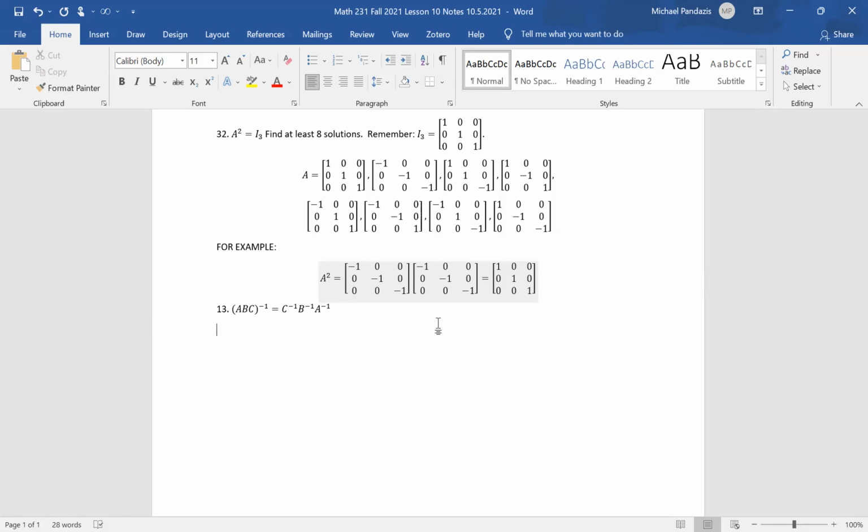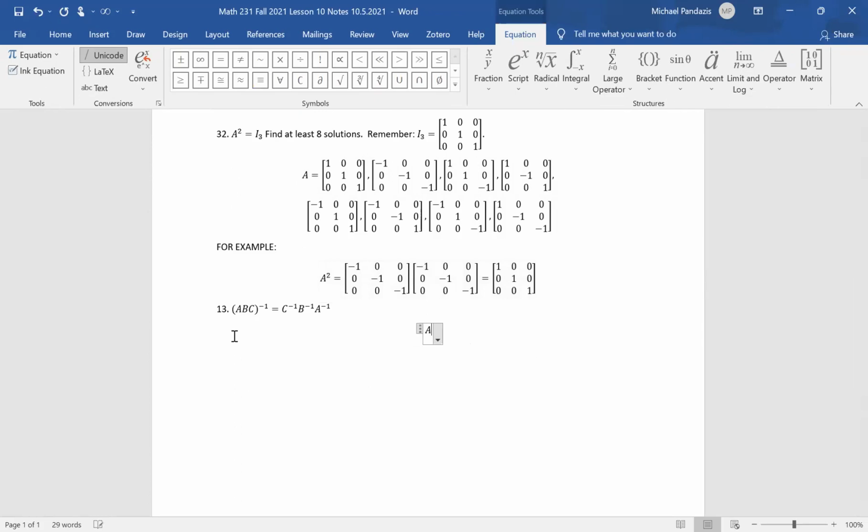So just choose 3 of the matrices then. Because it says A, B, and C, 5 would be A, 6 would be B, and 7 is the one for C. You won't have a problem with this. I'm going to choose the A as being the A in the book.